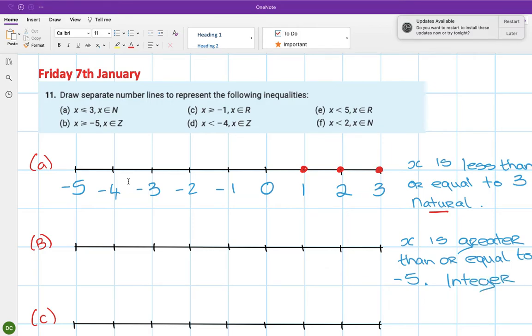Okay, so greater than minus 5, so that means when you're doing greater than, you're going to start on the left and move to the right, because moving to the right is the number line getting greater. So that means I'm going to take my minus 5 and I'm going to put it way over here. I'm going to move to the right. So minus 4, minus 3, it's actually going to look exactly like the one above, strangely enough.